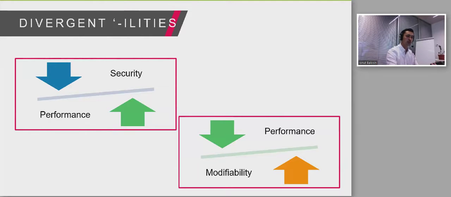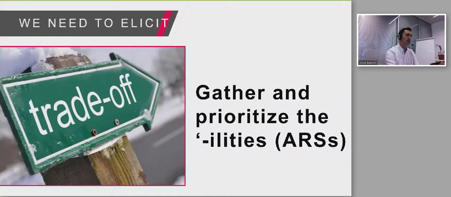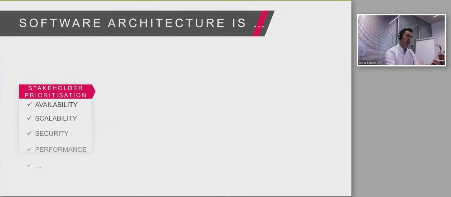So we should take conscious decisions about these kinds of quality attributes. Roughly speaking, we live in a world of trade-offs, and how can we deal with them? Of course, we can prioritize these ilities, create a list of architecture significant requirements, and based on that build the product. But let me be more explicit.